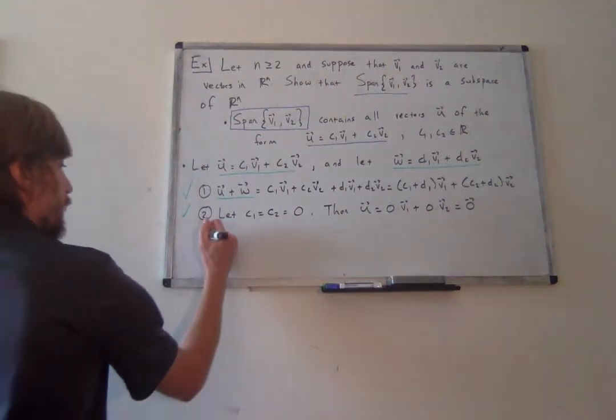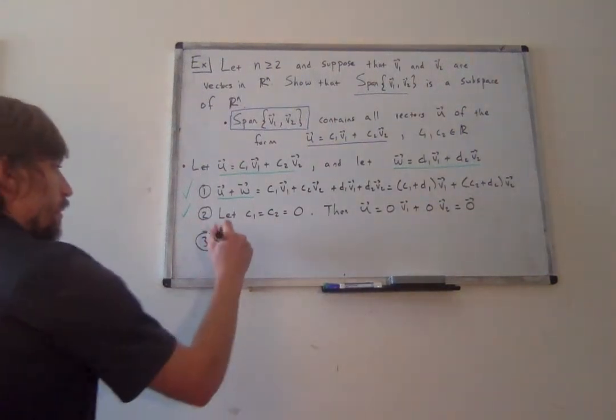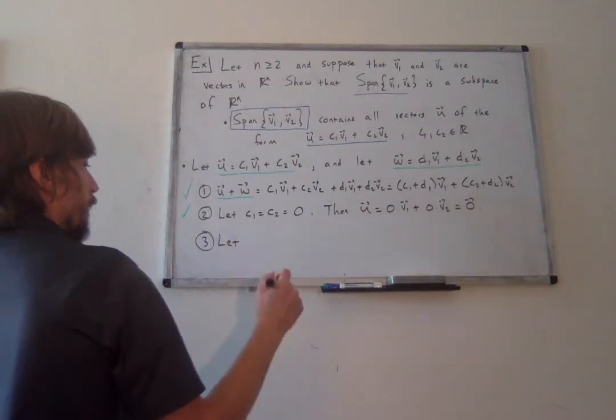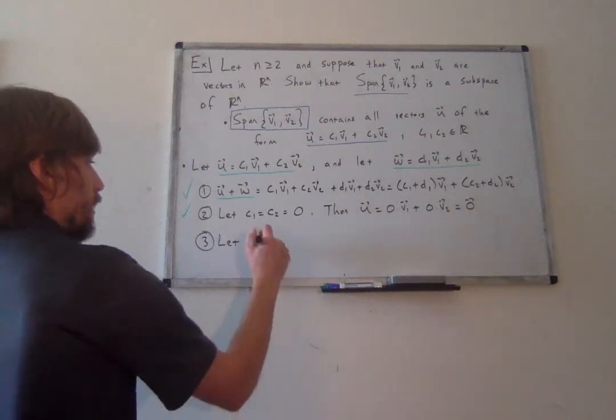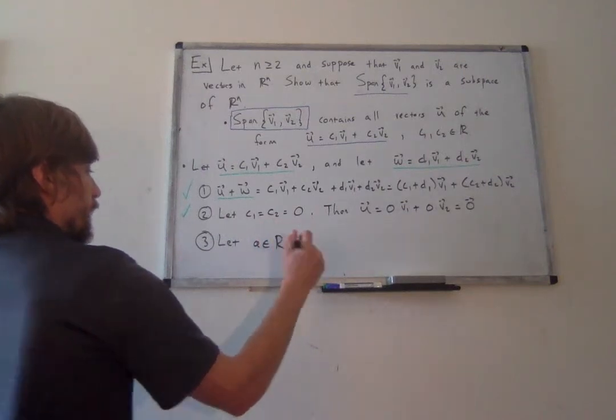Finally, we need to show that this is closed under scalar multiplication. So I'm going to let, let's see, we've used C and D, we'll say A be a scalar.